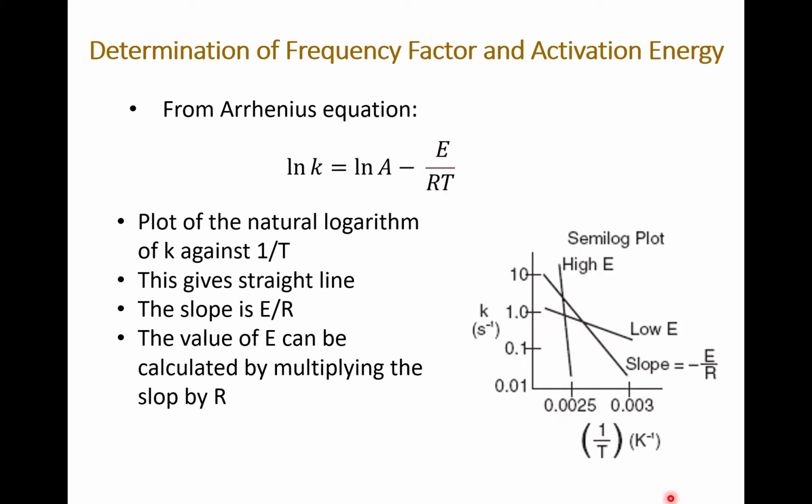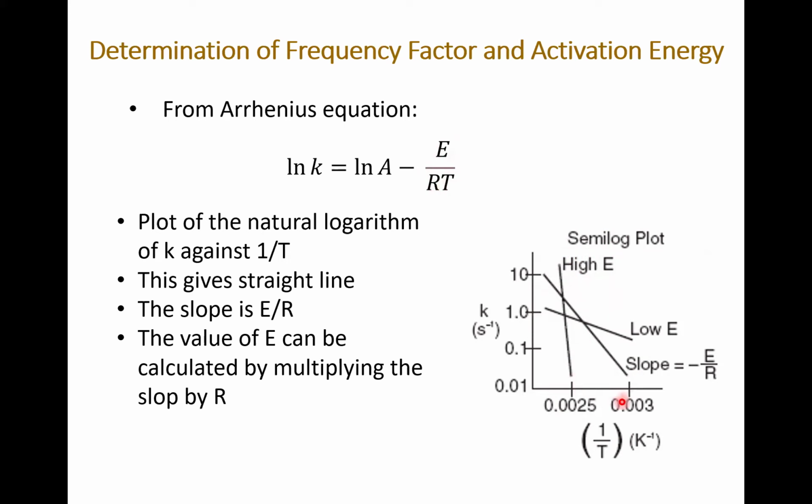And here you can look at these figures. For example, if you have the rate constant K against the reciprocal of T, you have different values, of course. If you have a high activation energy, the slope will be very large.